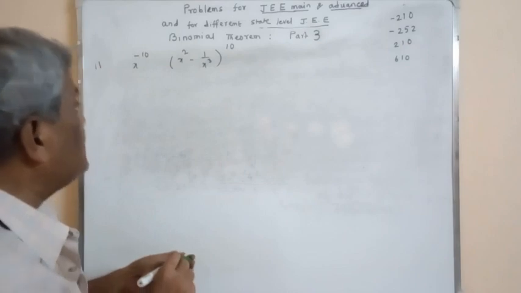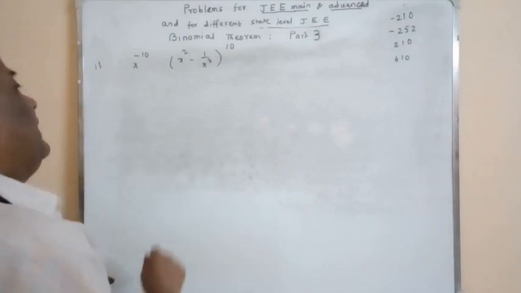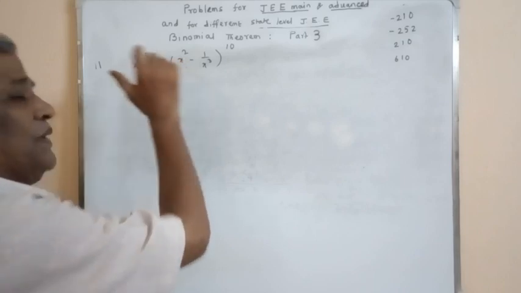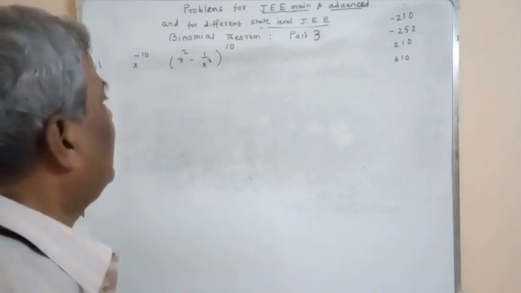Now this question is very simple. We have to find the coefficient of x to the power minus 10 in that binomial expansion.